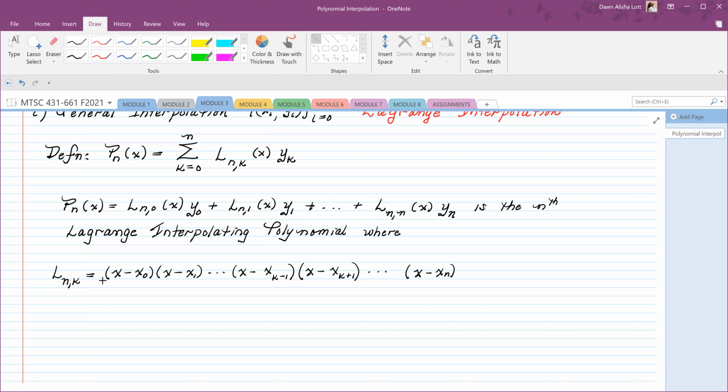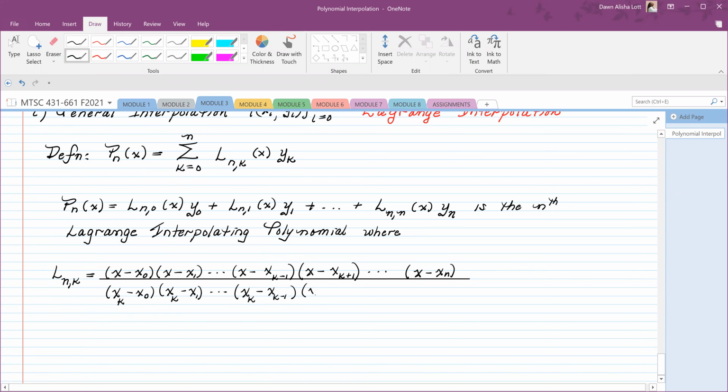That whole thing is divided by xk minus x0, xk minus x1, dot, dot, dot, all the way up to xk minus xk-1, xk minus xk+1, dot, dot, dot, all the way up to xk minus xn. All right, so that is the polynomial.